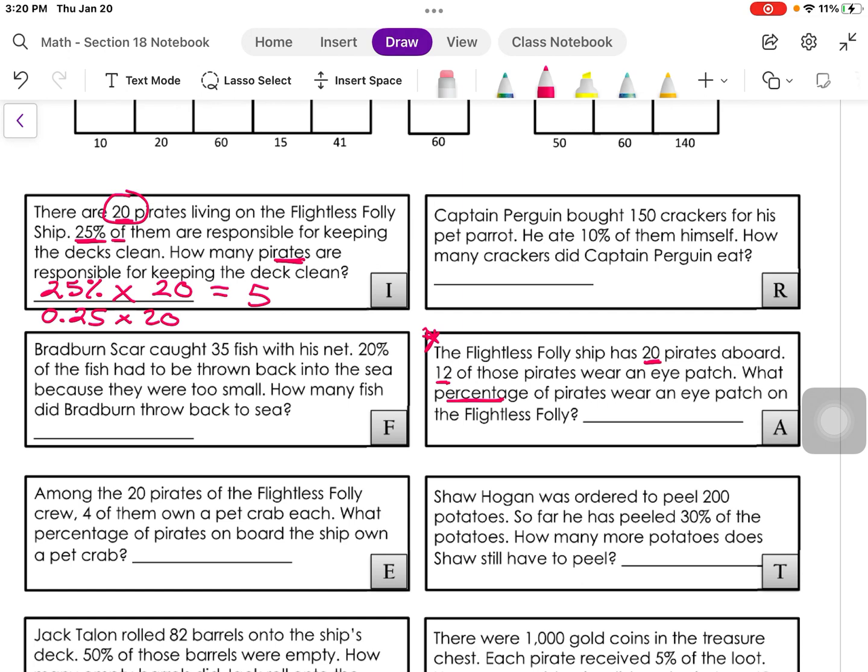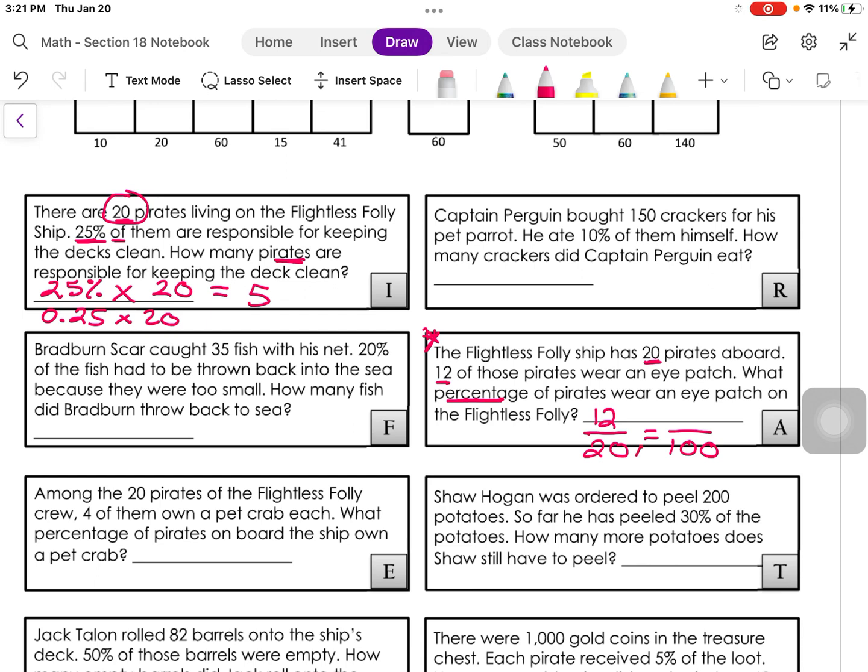So if I want to know a percentage, first thing I know is that 12 out of 20 have eye patches. And if I want to know a percentage, I know percentages are always based on 100. So if percentages are always based on 100, I can scale up to figure out how many out of 100.